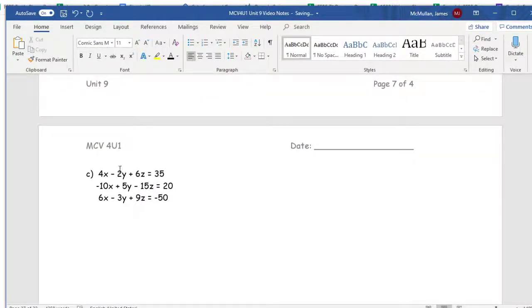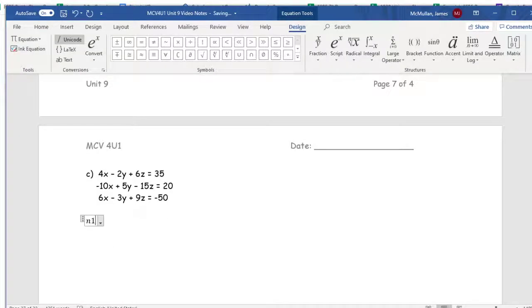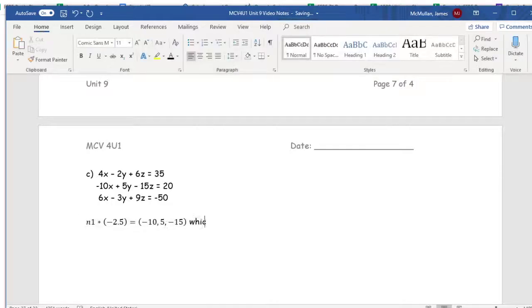So it looks as though 1 and 2 are parallel, right? So if I go n1 times negative 2.5, I would get negative 10, positive 5, and then 6 times negative 2.5 is negative 15. Okay, which is parallel to n2. Now the third one, I don't believe would be parallel to any of them.